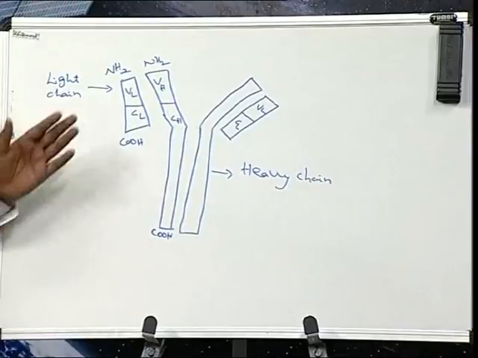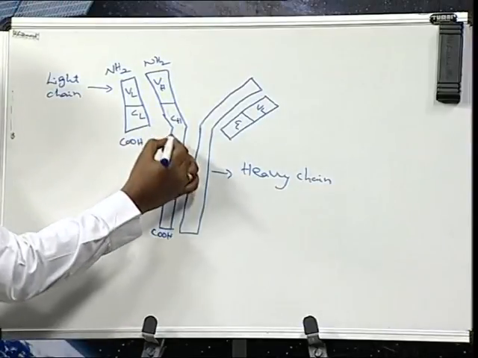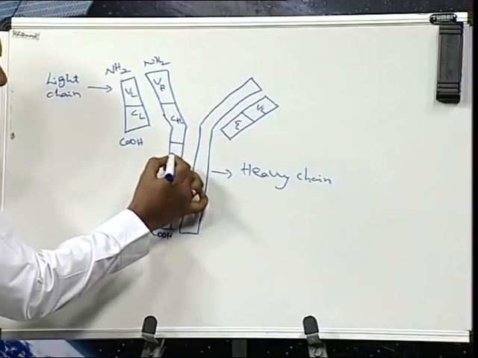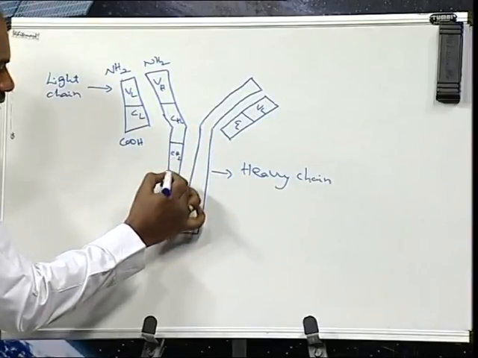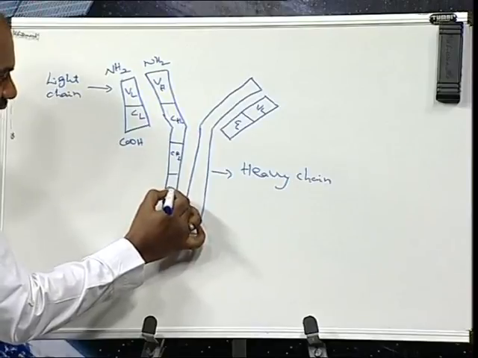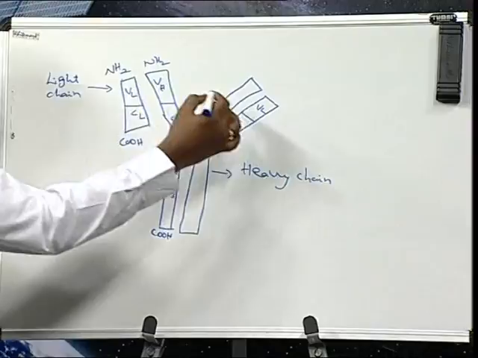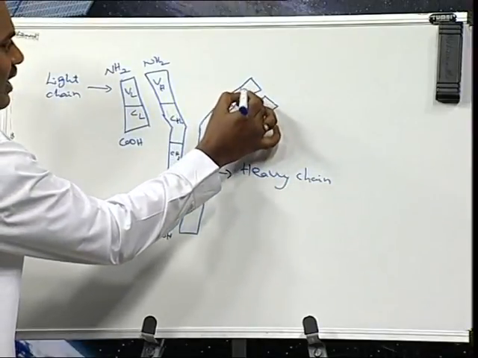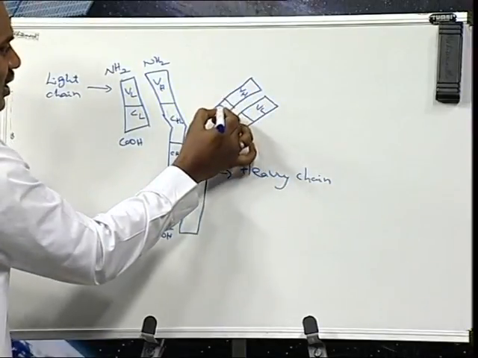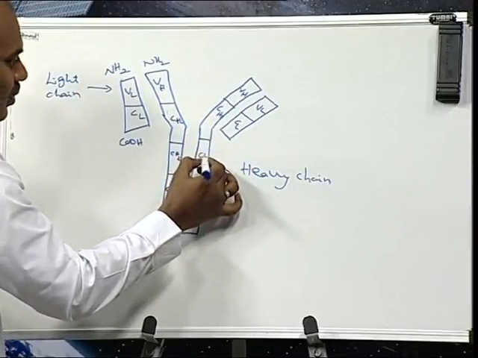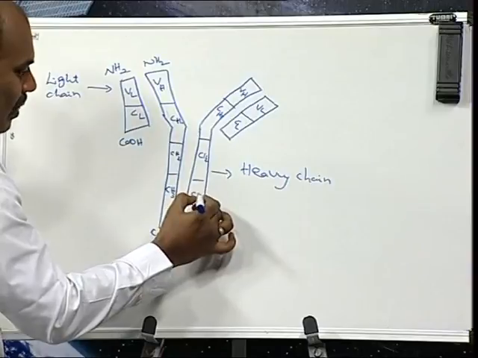Inside the heavy chain, instead of one, you will find different constant regions, which they call constant region 1, constant region 2, constant region 3. Same way here, the variable region of the heavy chain and the constant region of the heavy chain: CH1, CH2, CH3.